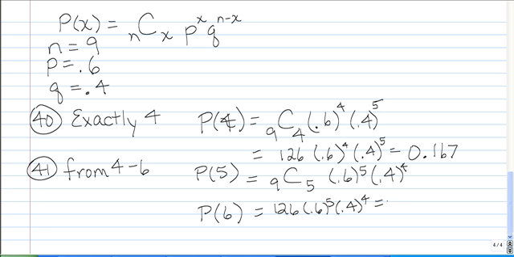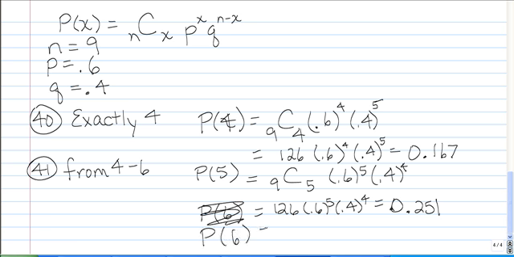I'm getting 0.2508, so I'll have to round that to a 1. That's for 5.